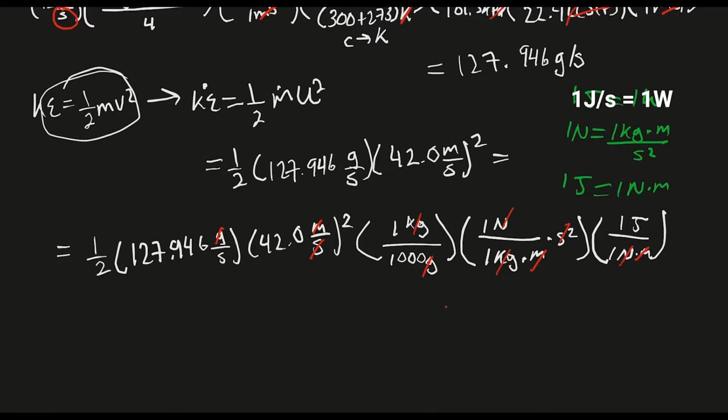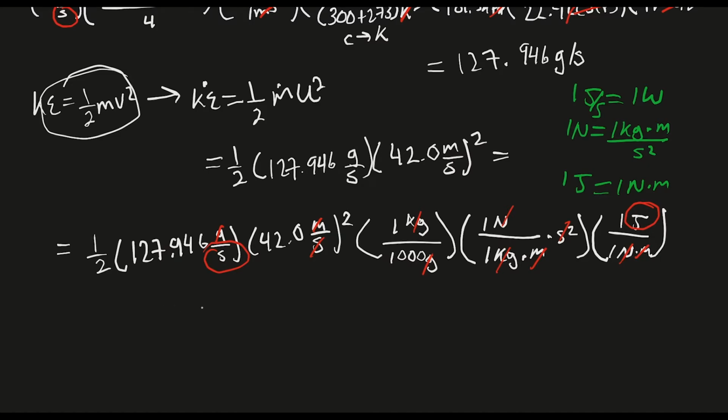And then we have Newton there. And it looks like we're left with joules over second. But wait, what does that mean? Joules over second. Oh, this is what that means. That 1 joule over second equals 1 watt. Sorry. But that's what it's supposed to mean. 1 joule over second equals 1 watt. Great.